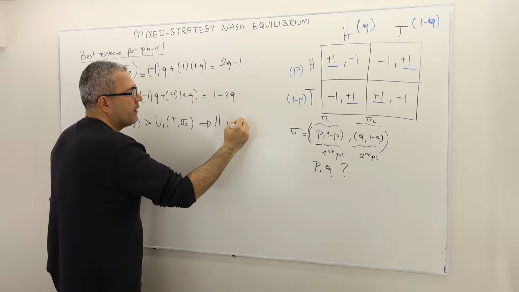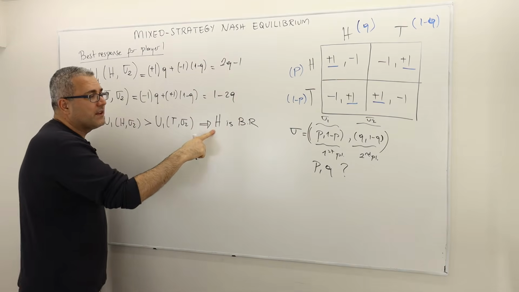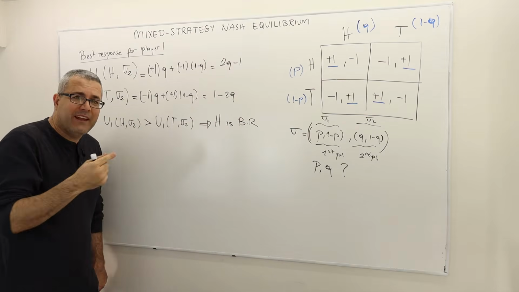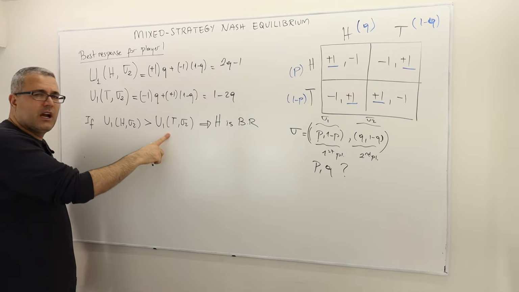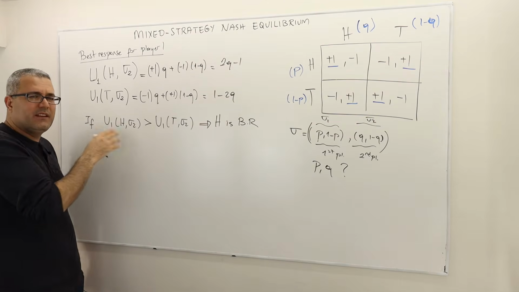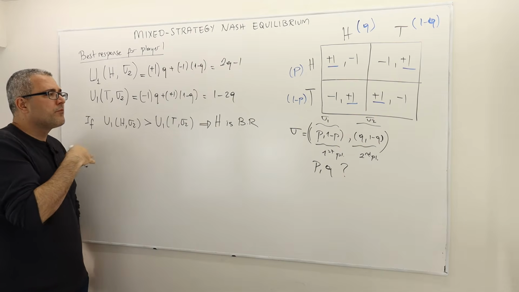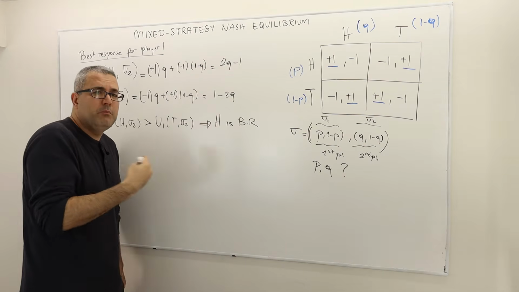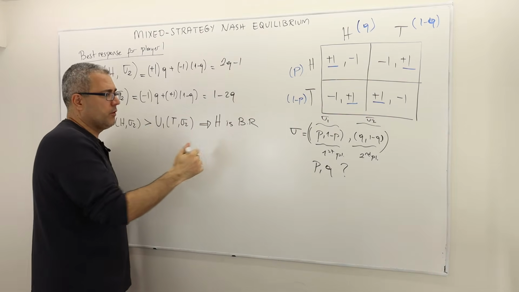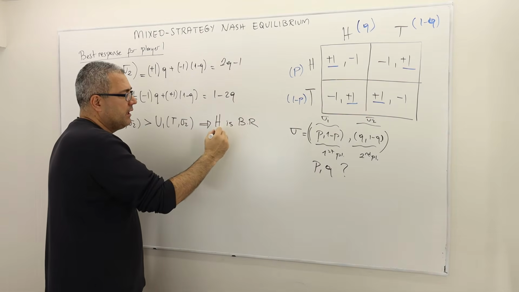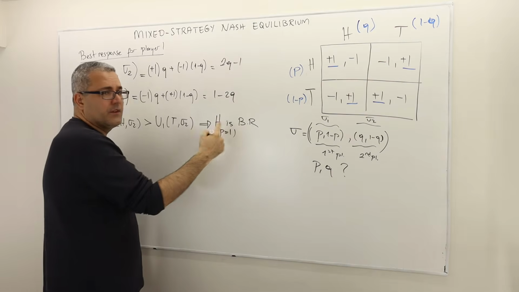What does that correspond to? Playing head with probability 1. You are not going to play tail because head is definitely better. So head is the best response means playing head with probability 1 is the best response. That means P equals 1 is the best response.